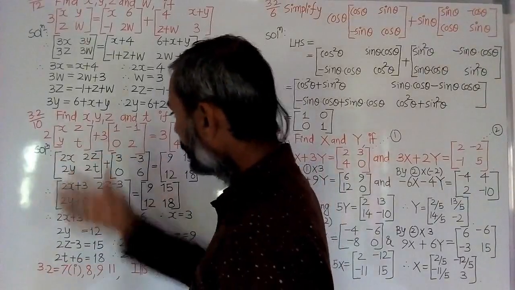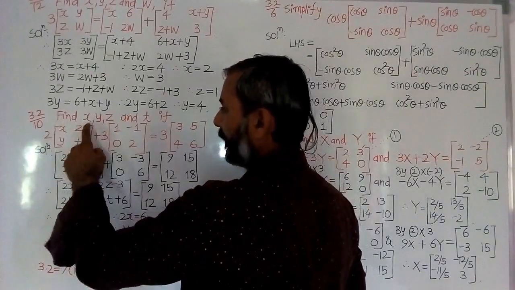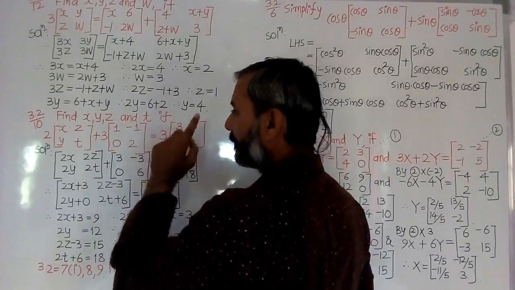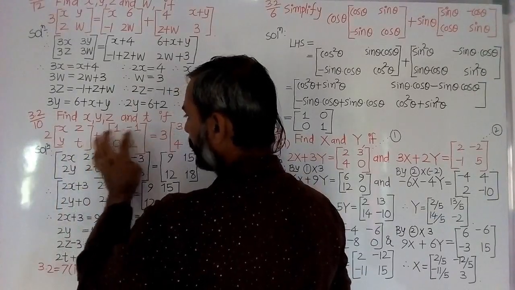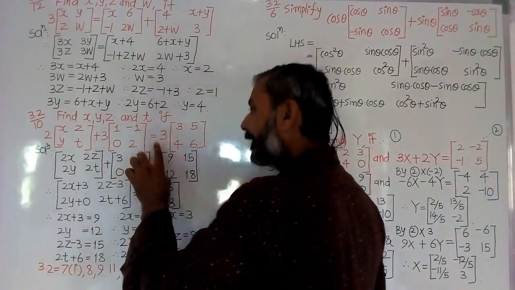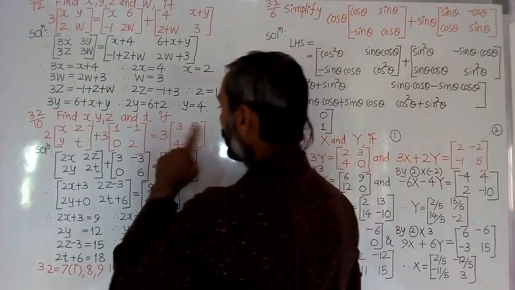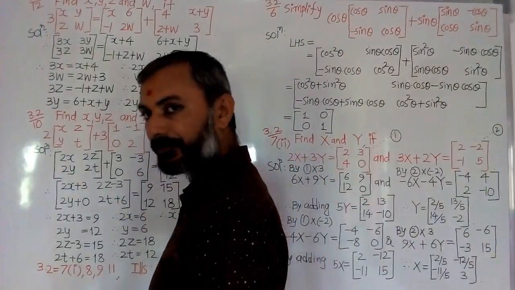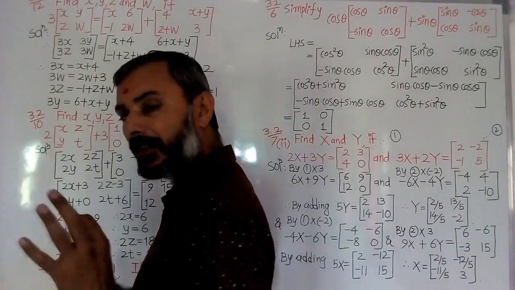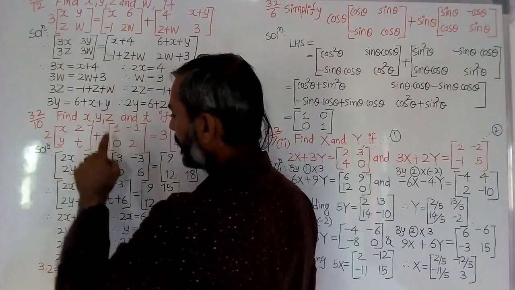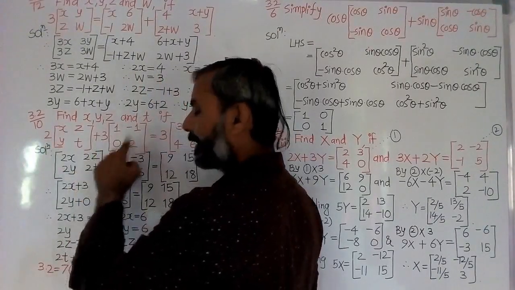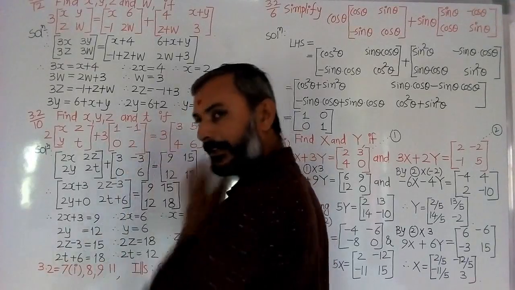Okay. Same example here. Find x, y, z and t if 2 into the matrix [x, y; z, t] plus 3 into [1, minus 1; 0, 2] equals 3 into [3, 5; 4, 6]. Simply, first you have to multiply 2 into the matrix, plus 3 into the matrix, equal to 3 into the matrix.